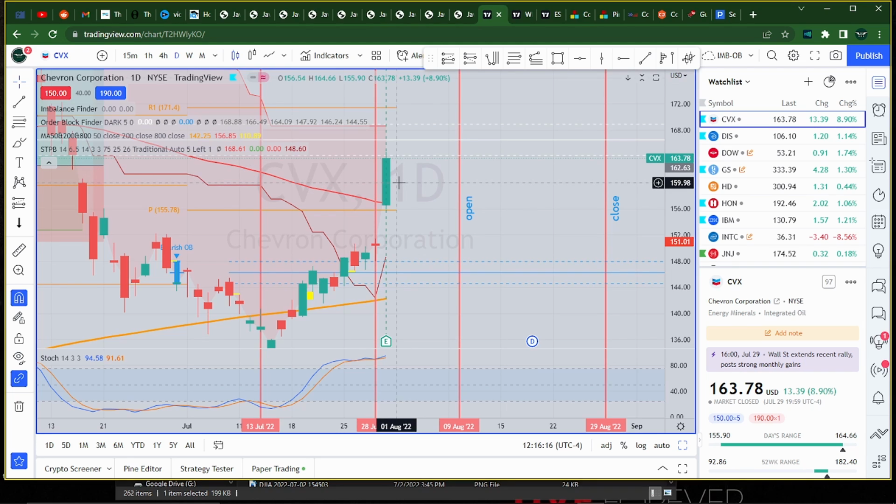I'll monitor it and see if we can actually take that trade. As you can see, we had another trade here for Chevron a couple of weeks ago, and this one did not complete profitably. So that was a non-profit, and I did not take this trade because it did not set up for me properly.